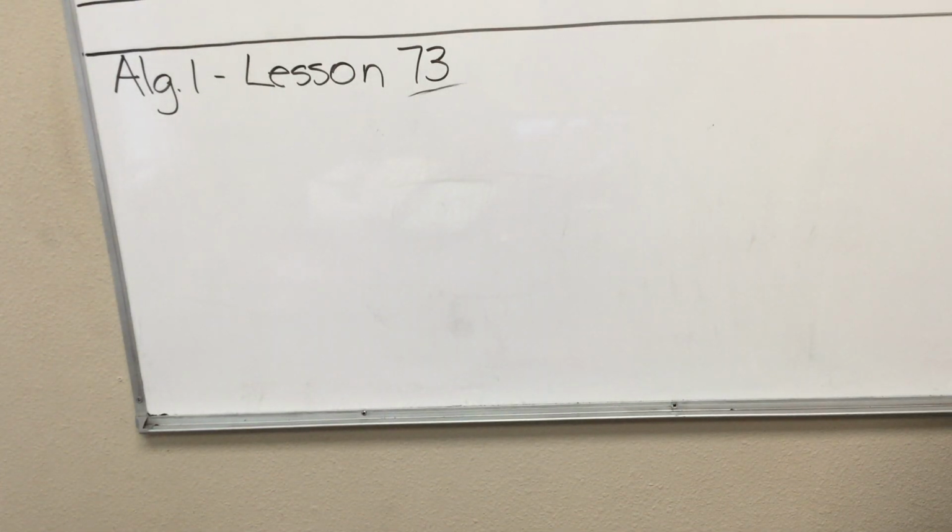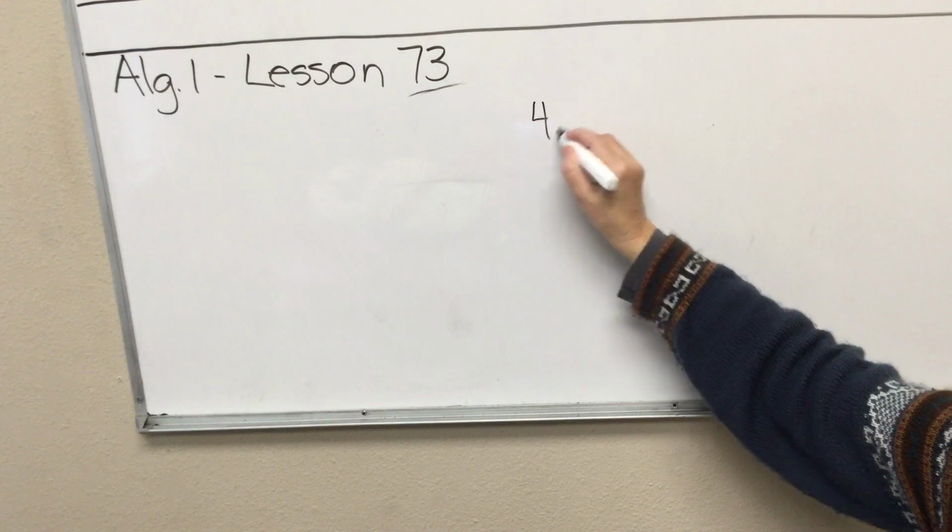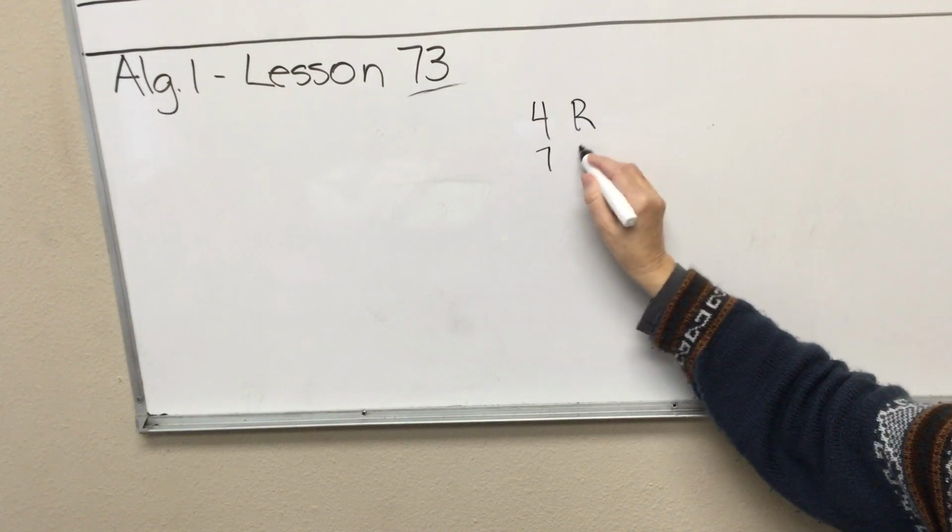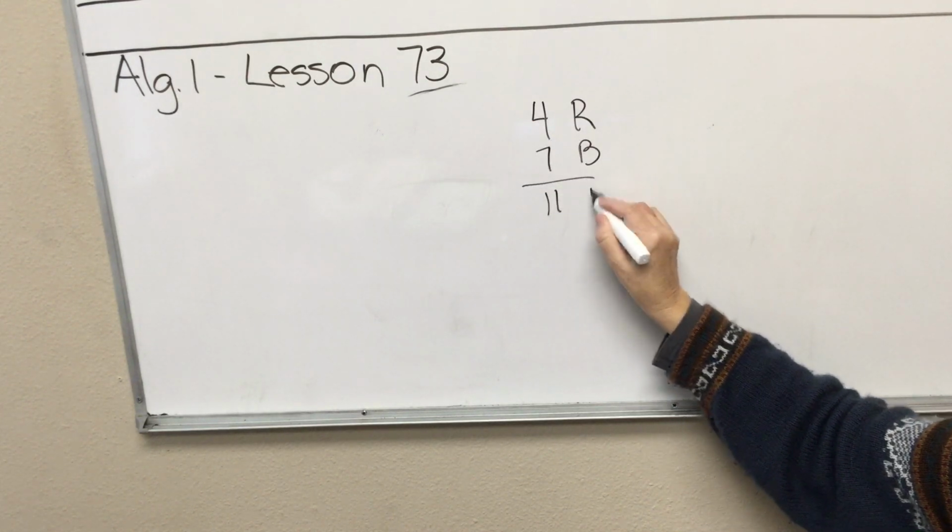Okay, so next they want us to do, the urn contains 4 red marbles and 7 blue marbles. 2 marbles are drawn at random, so they grab both at once. Okay, so 4 red, 7 blue, that's 11 total.